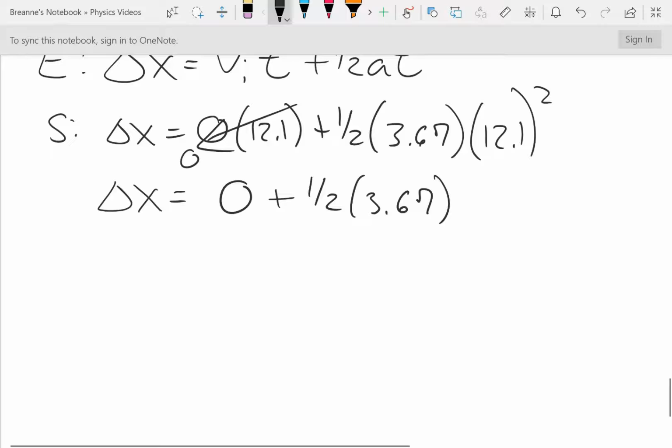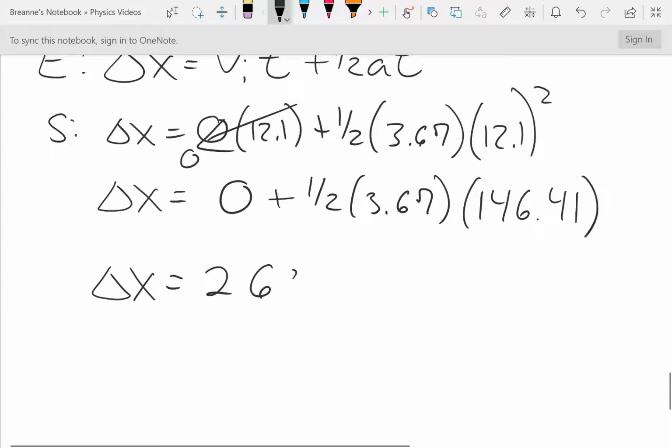So 12.1 squared gives you 146.41. And now you can just multiply. So you take that times 3.67 times 1/2, which gives you 268.66 meters.